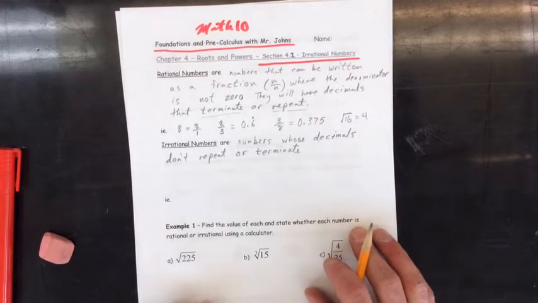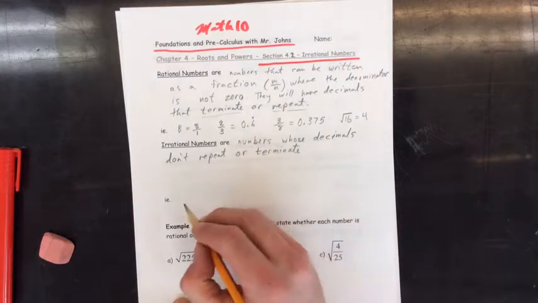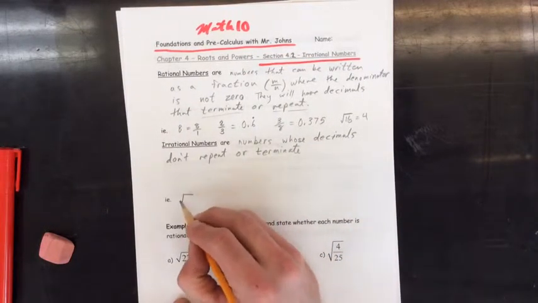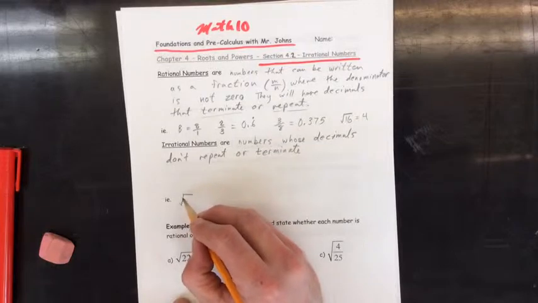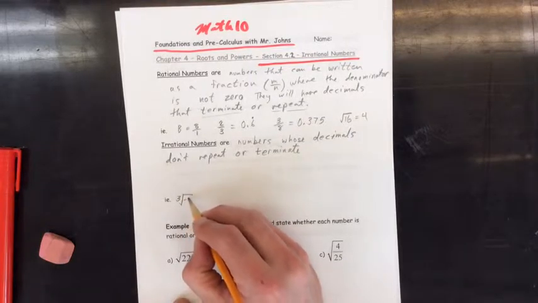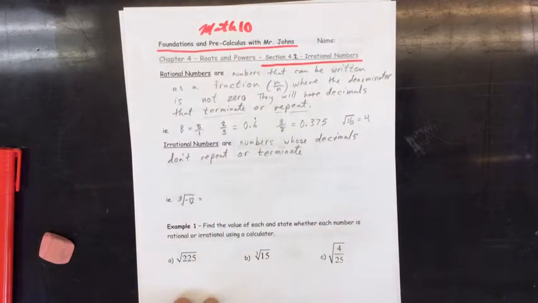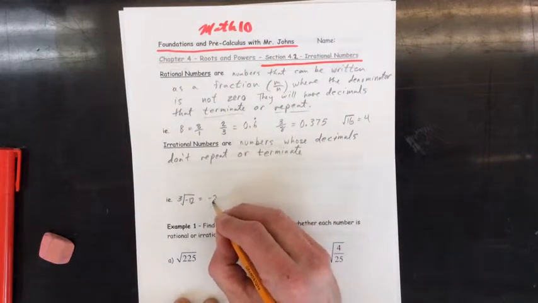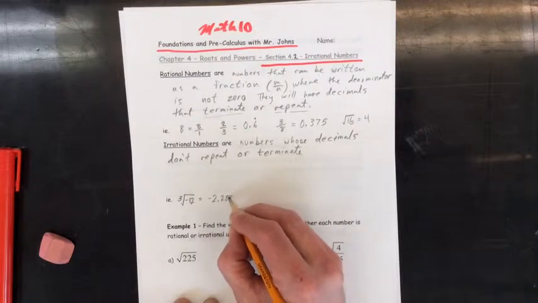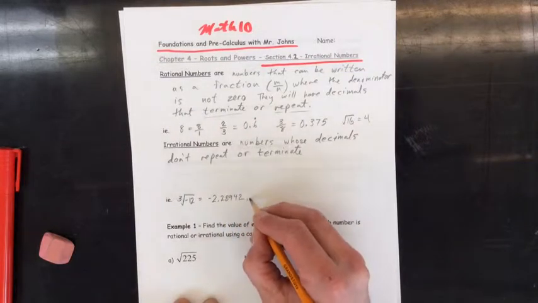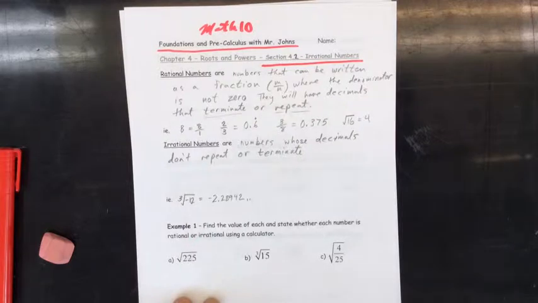So if I take a number like the third root of -12 and I punch it into my calculator, I just get a crazy number like -2.28942, and it just continues, but it never repeats itself. So this is an irrational number.